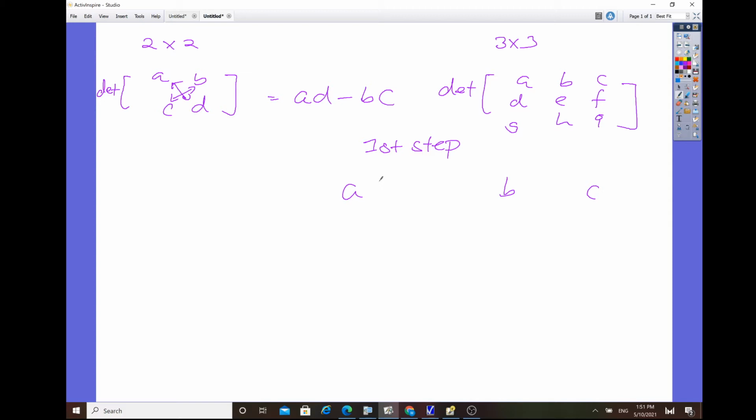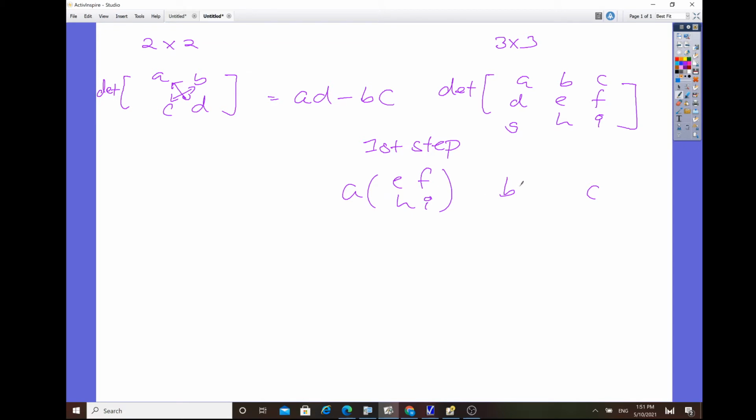Then we want to find the minor matrix of each corresponding coefficient. For A, if we cover the first row and first column, the entries that remain are E, F, H, and I, so we can find the determinant of that 2 by 2 matrix.